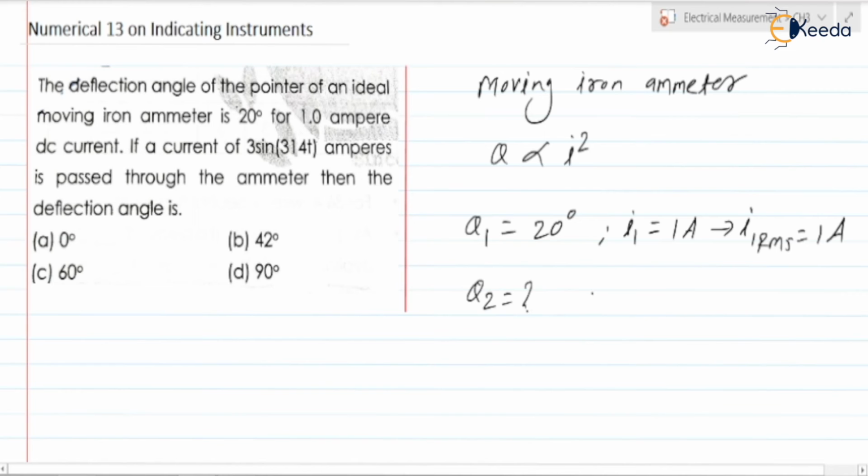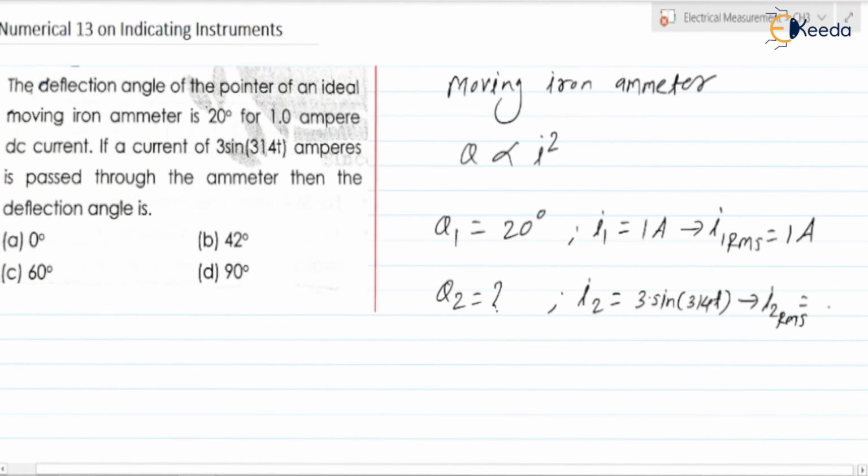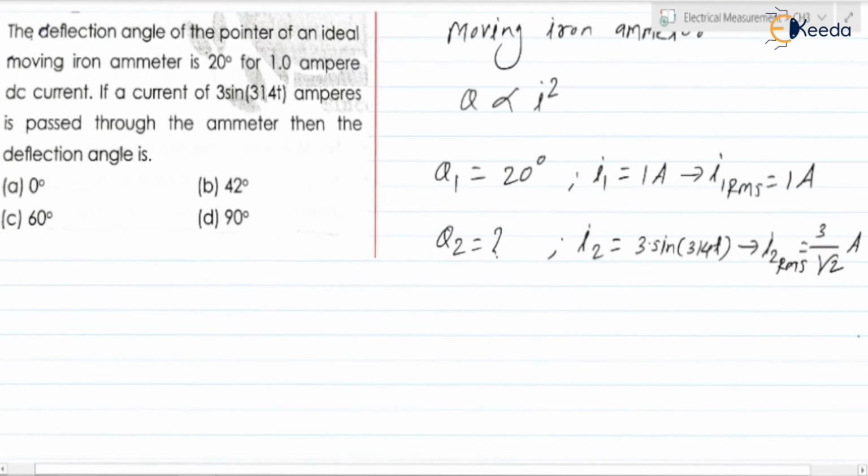It is given that I2 is equal to 3 sine of 314t. So what is the I2 RMS? I2 RMS is equal to the peak value divided by root 2, so it is 3 by root 2 ampere.